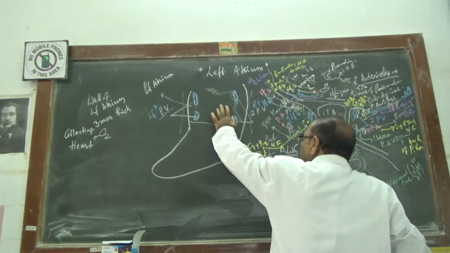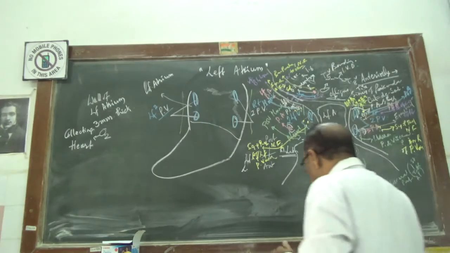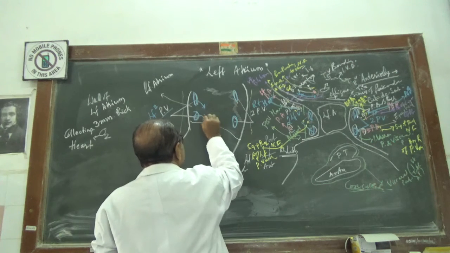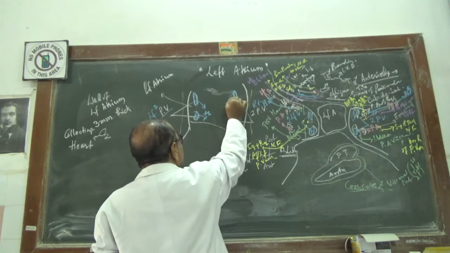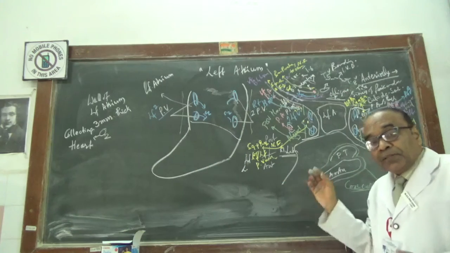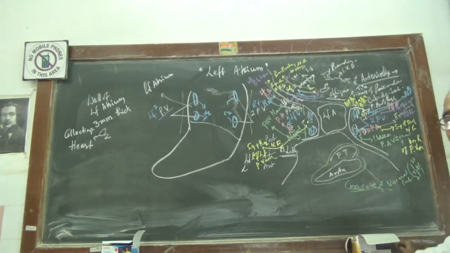So now the blood is coming oxygenated. But these pulmonary veins, they are two on either side, on right and on left.